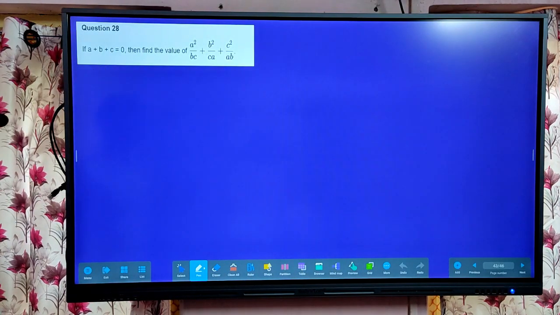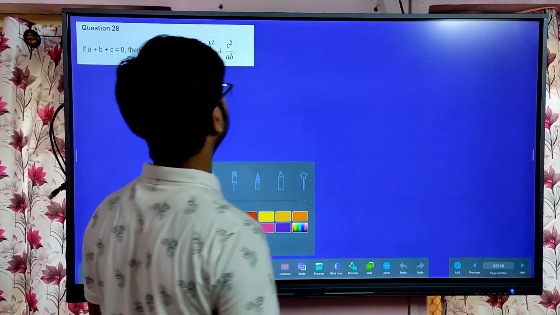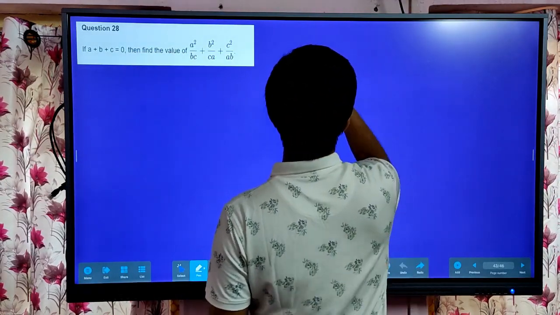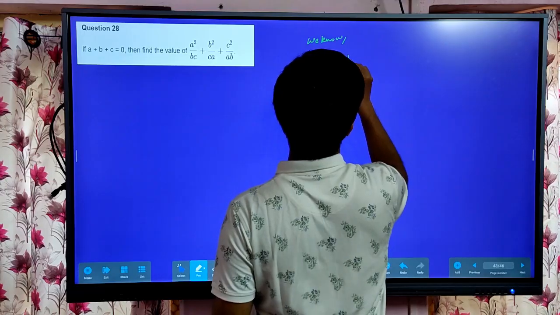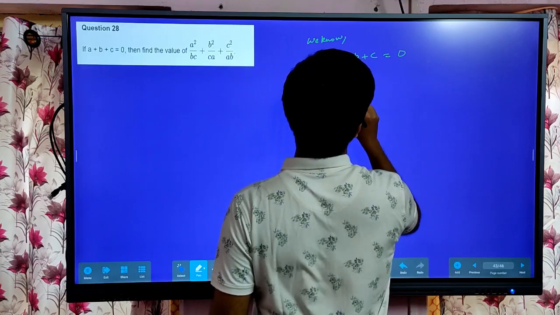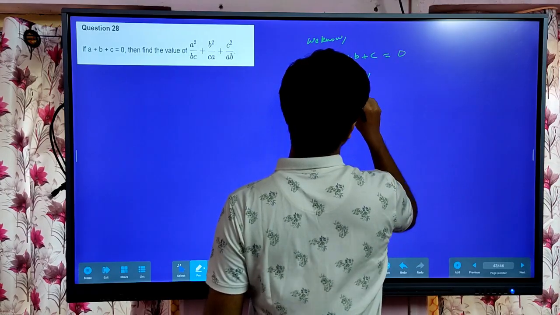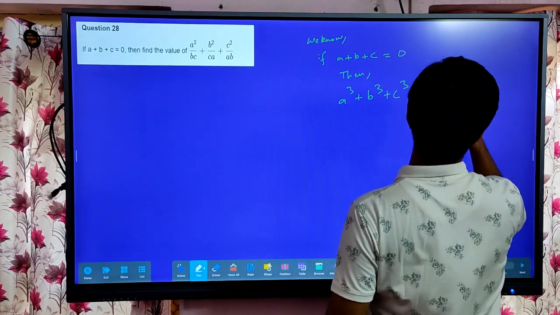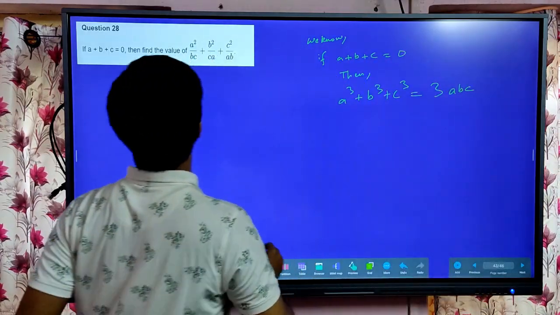Now a plus b plus c is 0. Then you see, a cube plus b cube plus c cube equal to 3abc. We will utilize that. We know if a plus b plus c equal to 0, then a cube plus b cube plus c cube equal to 3abc. Okay, so simplify this.